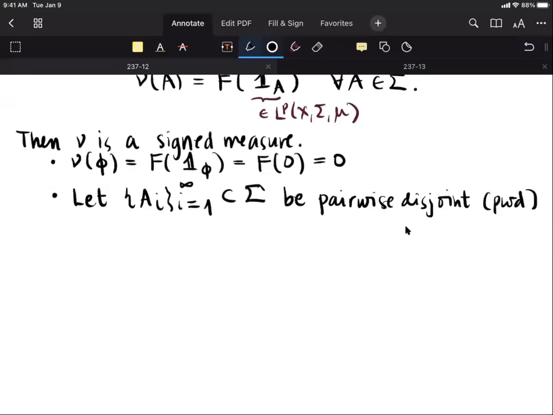Okay, now note that this characteristic function, or the sum of these characteristic functions, will tend to this one.